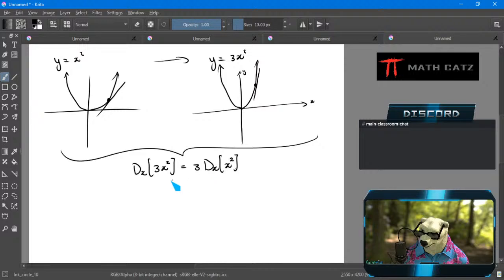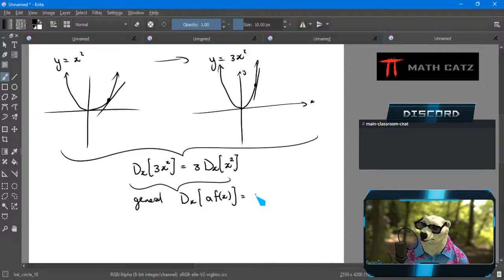So that means that if I generalize to the derivative of any function, sorry, any number multiplied by a function, could be just x squared, could be something more difficult, doesn't matter. It's going to be the same as the number times the derivative of the simpler function.